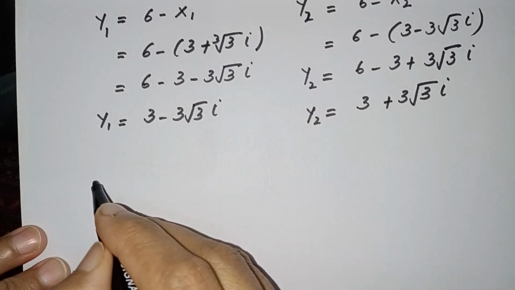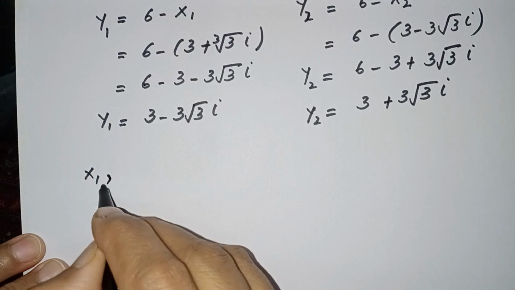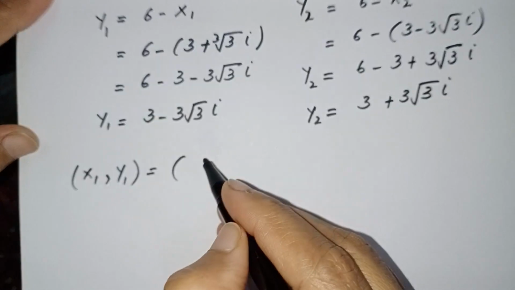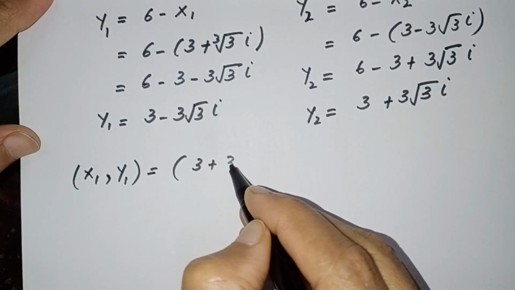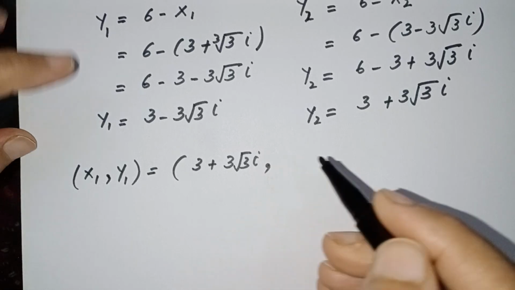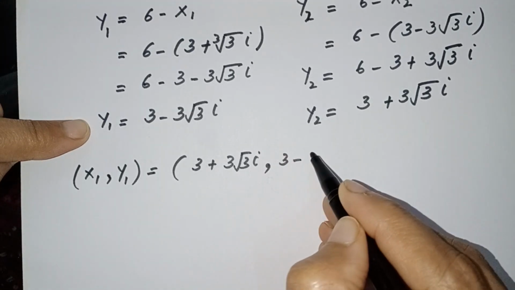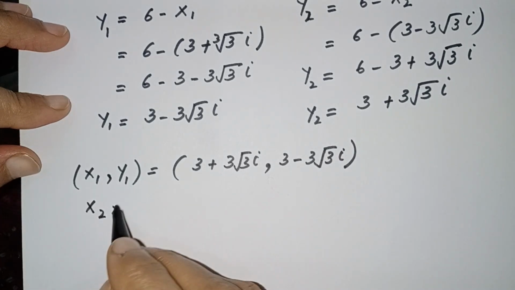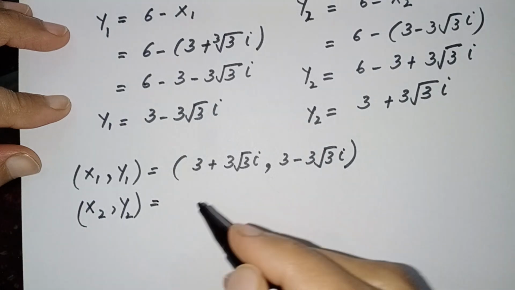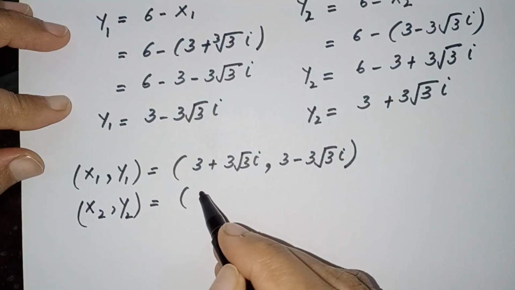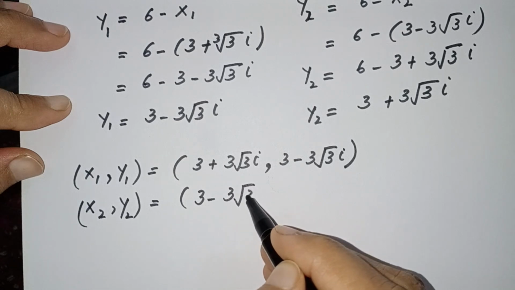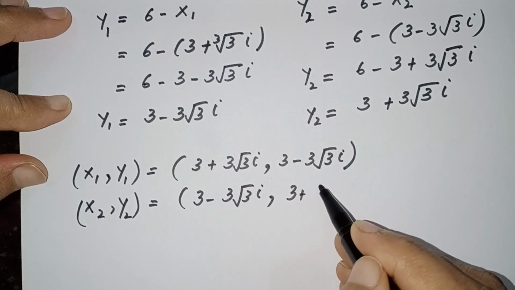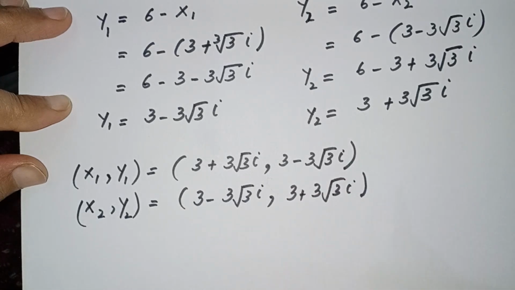So the solution set, x1, y1 is equal to, x1 is 3 plus 3 times square root 3 times i, and y1 is 3 minus 3 times square root 3 times i. x2, y2 is, x2 is 3 minus 3 times square root 3 times i, and y2 is 3 plus 3 square root 3 times i.